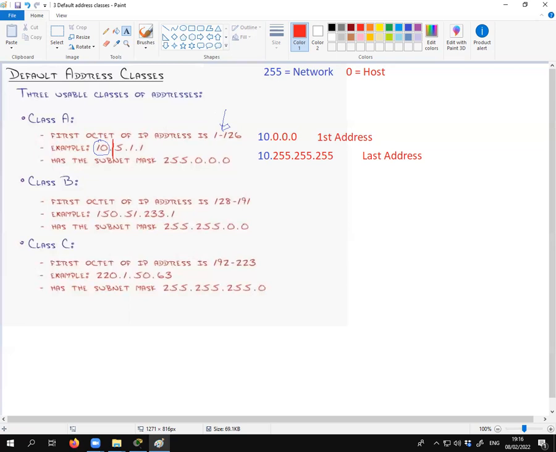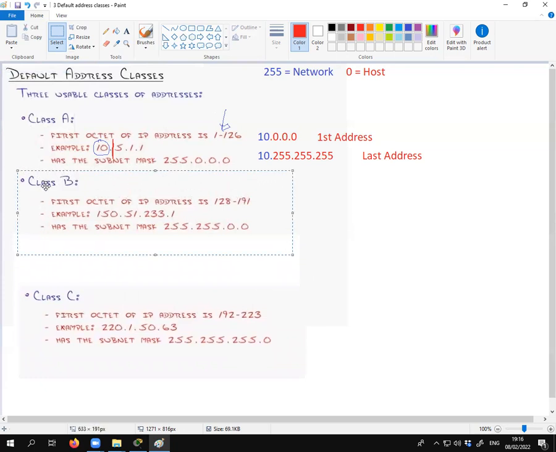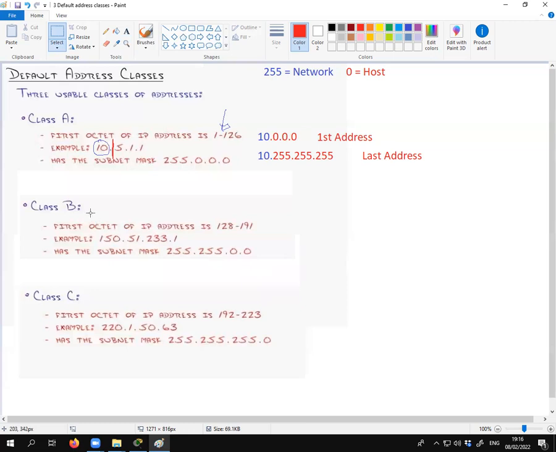Okay. Cool. Thanks. Okay, if you look at the class B here, right? I hope people can see this. If you look at the class B, the first octet is always between 128 to 191.